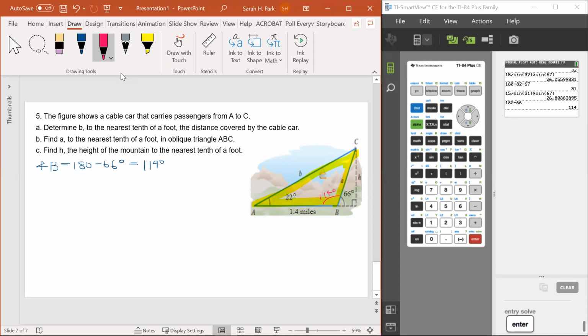All right, so that means we can also find this part. The reason I know we need to find angle A is because we know the side that's directly across from it. It would help if we knew the angle that's across from the 1.4 miles. So to find angle A, 180 minus 114 minus 22 degrees.